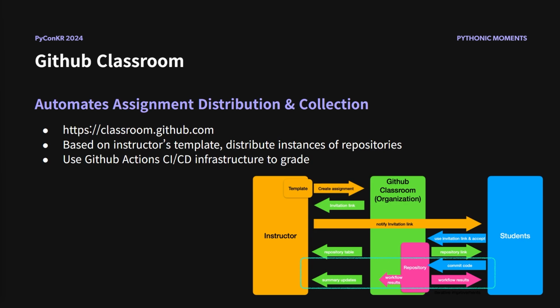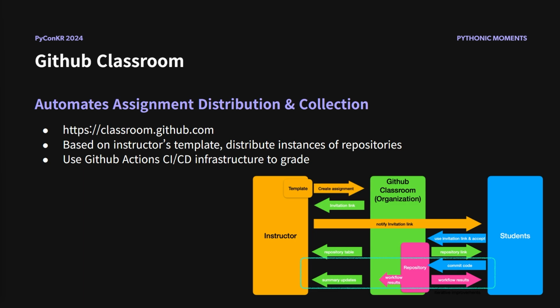GitHub Classroom can automate the assignment distribution and collection process. The URL is classroom.github.com, and based on the instructor's templates, you can distribute instances of the repositories to students.